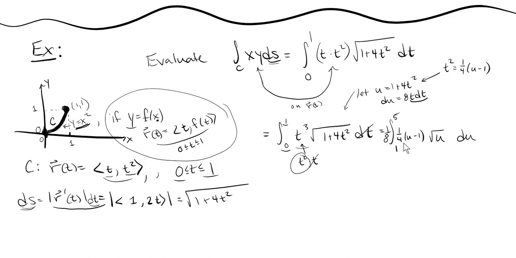U minus 1, over 4. Yeah, that works. And so we've completely replaced everything with u expressions. Now we can simplify, bring the 4 and the 8 together, and rewrite this. Remember, u in a square root is just a half power, and I'll distribute that across the parentheses.